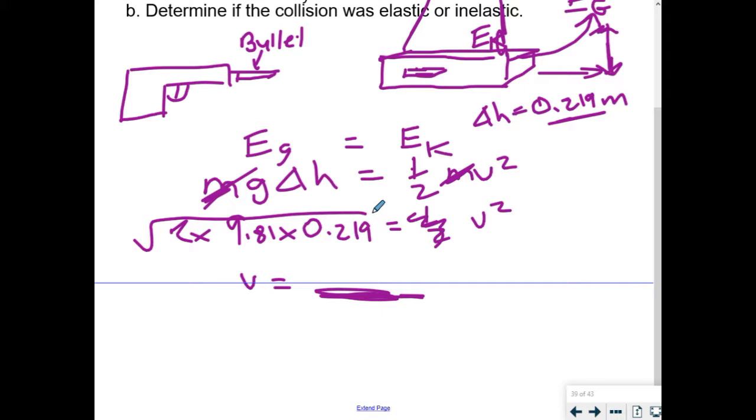If I take 2 times 9.81 times 0.219, square rooted, I've calculated a velocity of, again, I'm going to round this and store it. I got 2.07 meters per second, and I'm going to store this as letter A from now on, just so I don't lose that. So there, I now know a velocity. But again, of what?